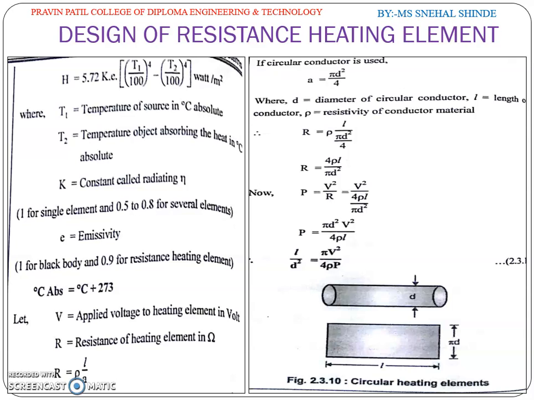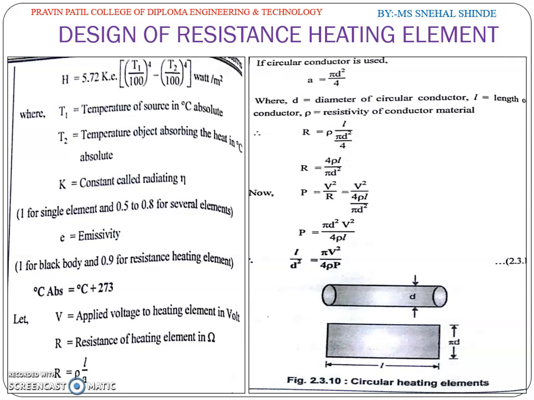Unit is watt per meter square, where T1 equal to temperature of the source in degrees Celsius absolute, T2 equal to temperature of the object absorbing the heat in degrees Celsius absolute, K equal to constant called radiating efficiency, 1 for single element and 0.5 to 0.8 for several elements.